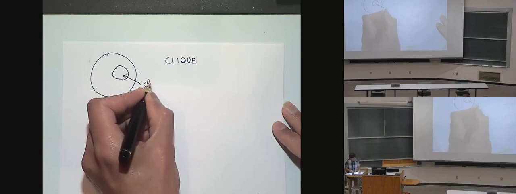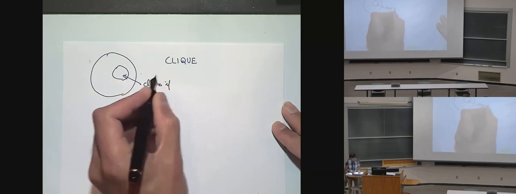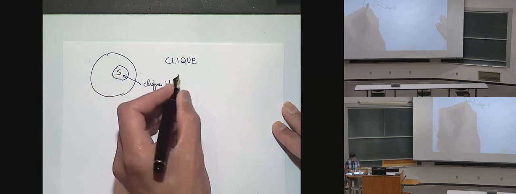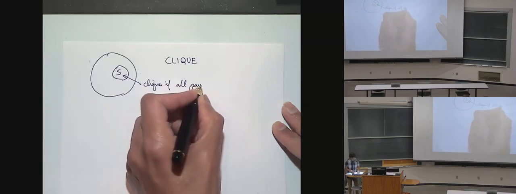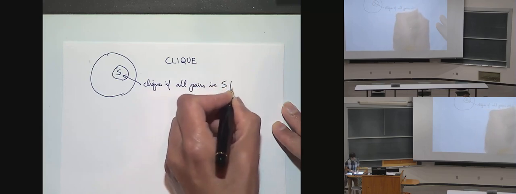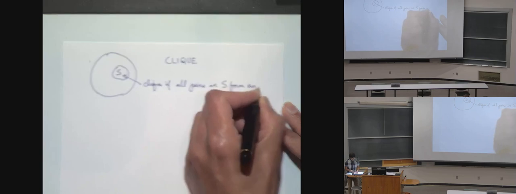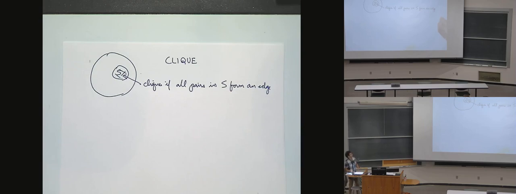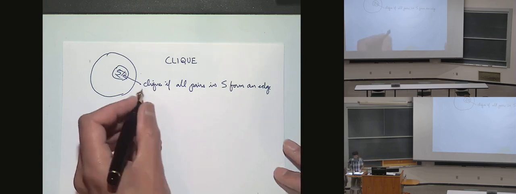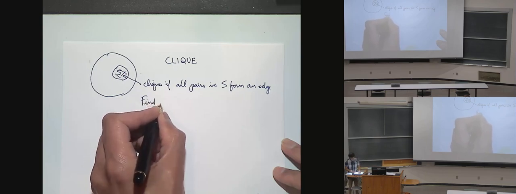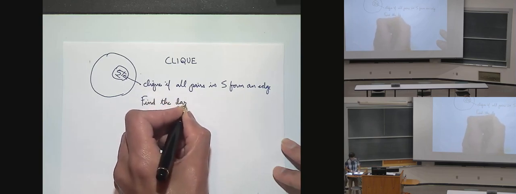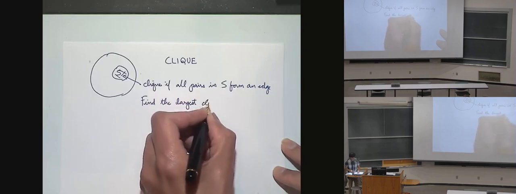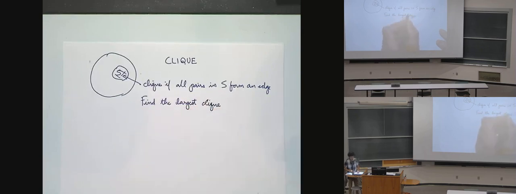And this is a clique if, so this set S, if all pairs in S form an edge. Does this make sense? So a clique is like a set of vertices so that all pairs have an edge between them. Okay? And the problem is, find the largest clique.